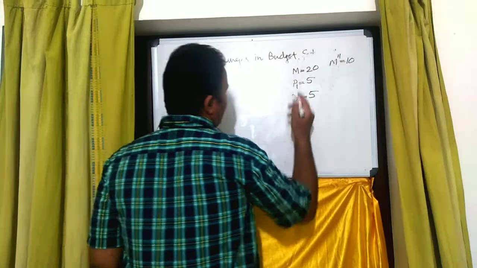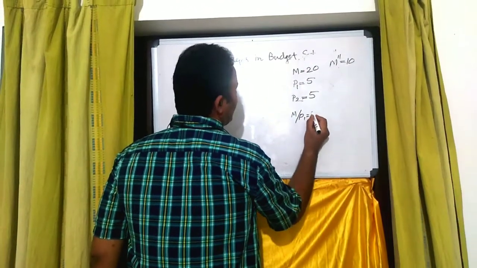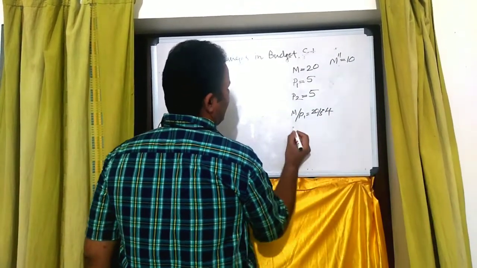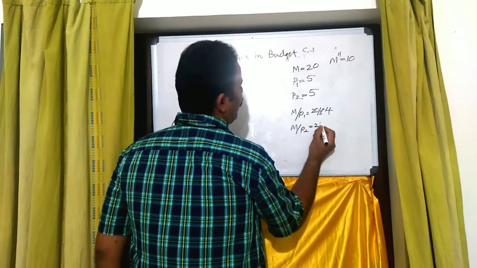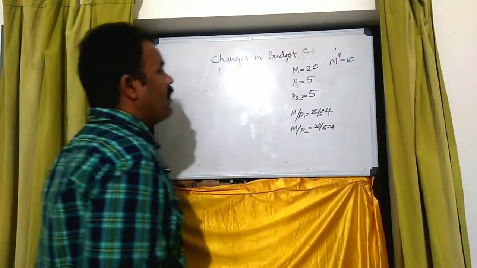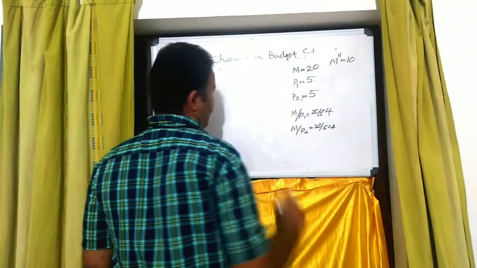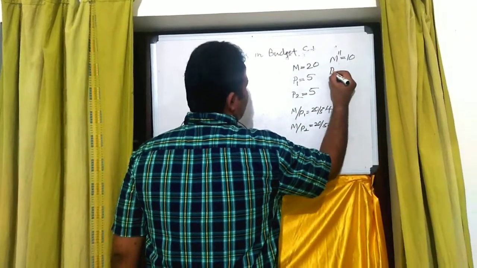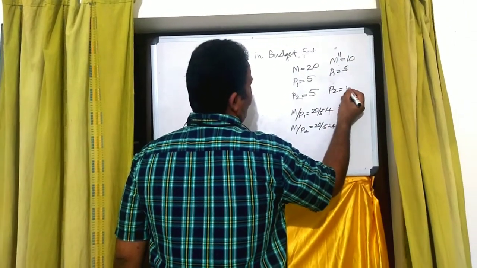In the initial case we know M by P1 is 20 by 5, that is equal to 4, and M by P2 is also 20 by 5, equal to 4. Now the income of the consumer decreases from 20 to 10. At that time also there is no change in price. P1 is 5, P2 is also 5.